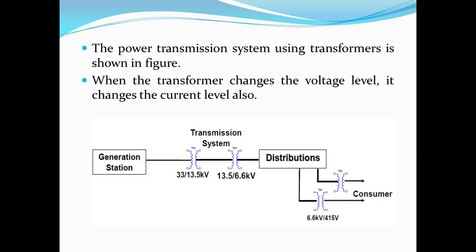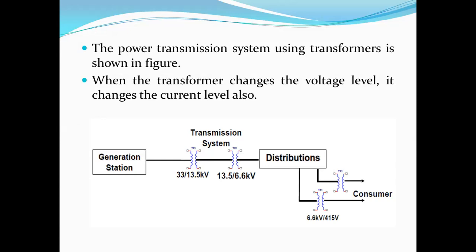Then comes the transmission system, where high voltages are transmitted from generating stations to distribution centers. At distribution also we use step down transformers, for example 6.6 kilovolts stepped down to 415 volts at consumer ends.